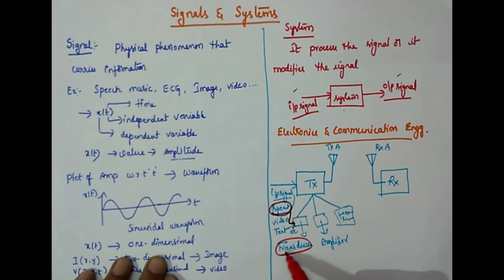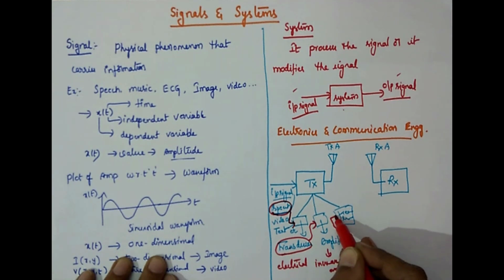Now your transducer converts this speech signal into electrical. So the transducer is a system. Now this electrical signal is given to the amplifier. What is the work of the amplifier? The amplifier will increase the amplitude of the signal.